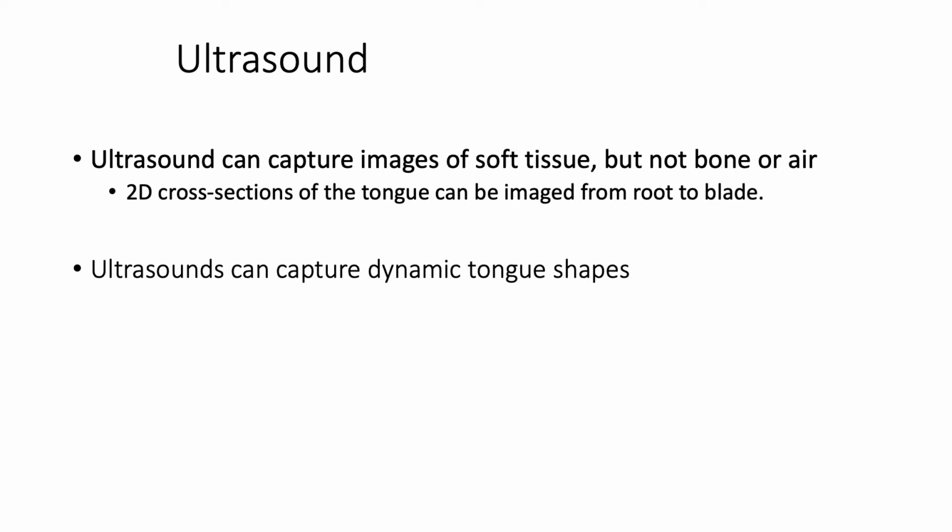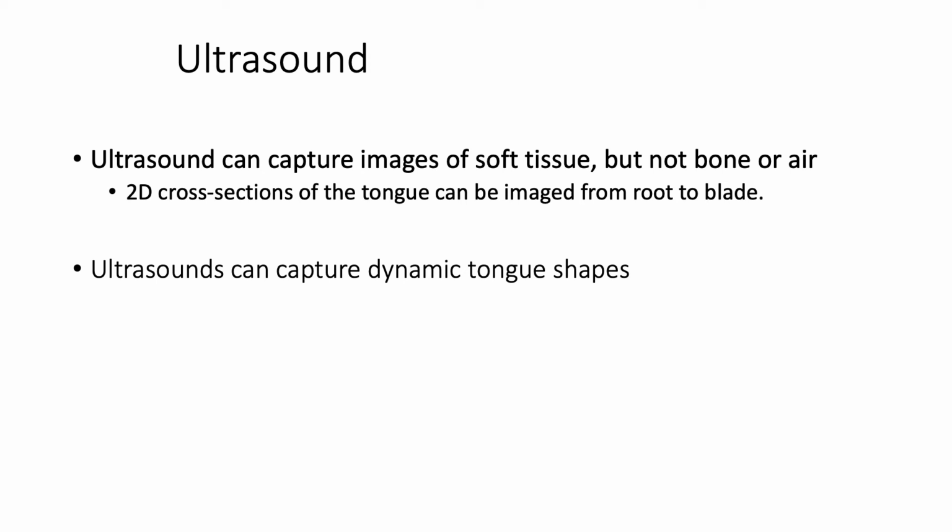Another way to look at what is happening in the mouth, and not only where the end point of the sound is, but also how the movement of the tongue happens, is using ultrasound. An ultrasound probe sends out a sound wave, which is reflected back by the tissue.